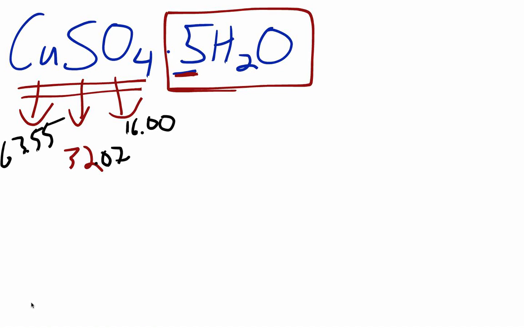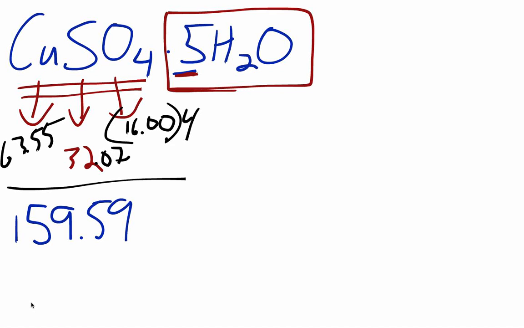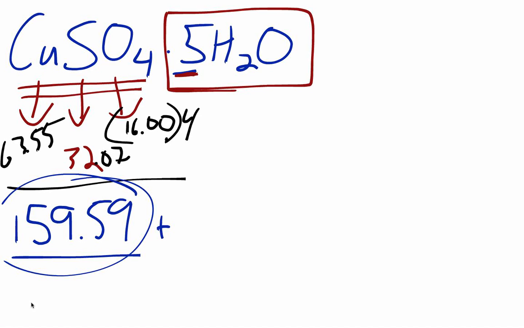So I'm going to add the mass of our copper sulfate here. There's 4 oxygens, so I'm going to have to multiply that by 4. My total mass is 159.59. Now, this is only the mass of the copper sulfate. The mass of the water piece, well, we'd find it like a normal mass. So first we'd add up the mass of the water.